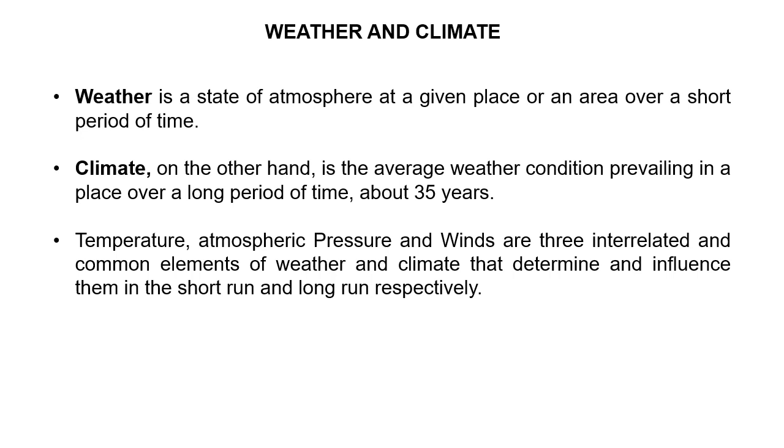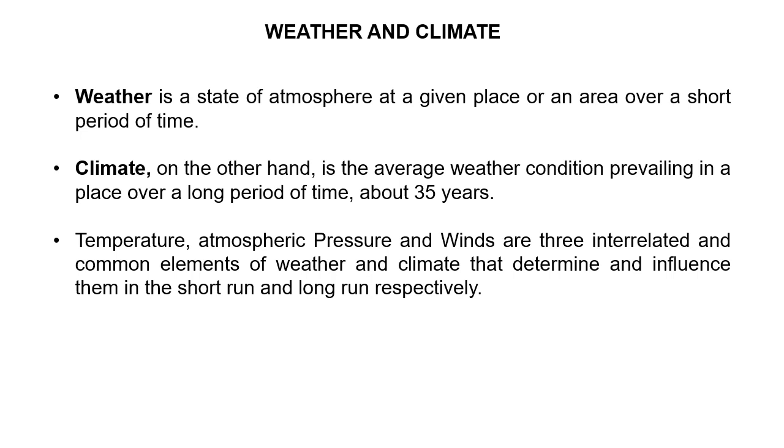Weather is very precise, about that particular day's weather, and climate is a long period of time. Then we say that after these years, the average weather condition of this area is this. So that is climate.